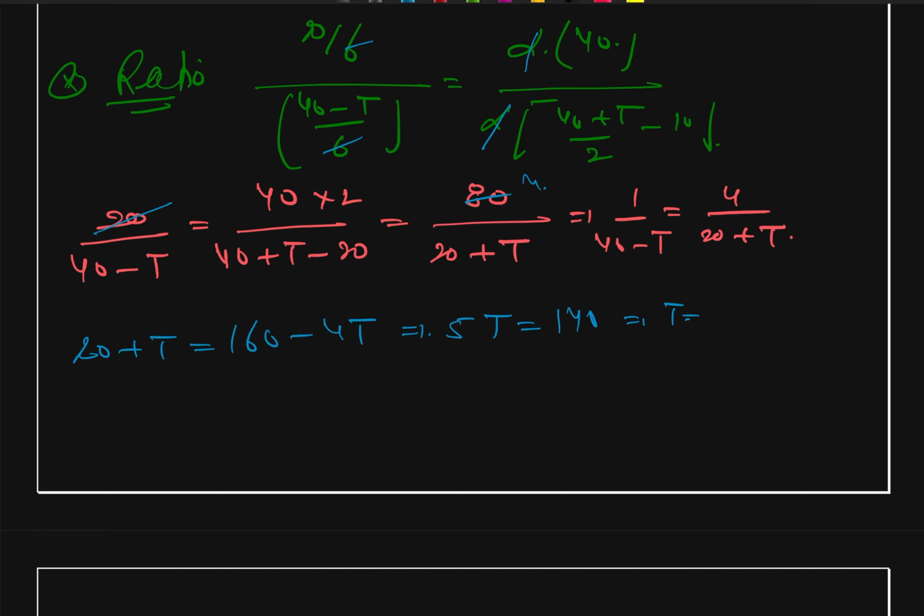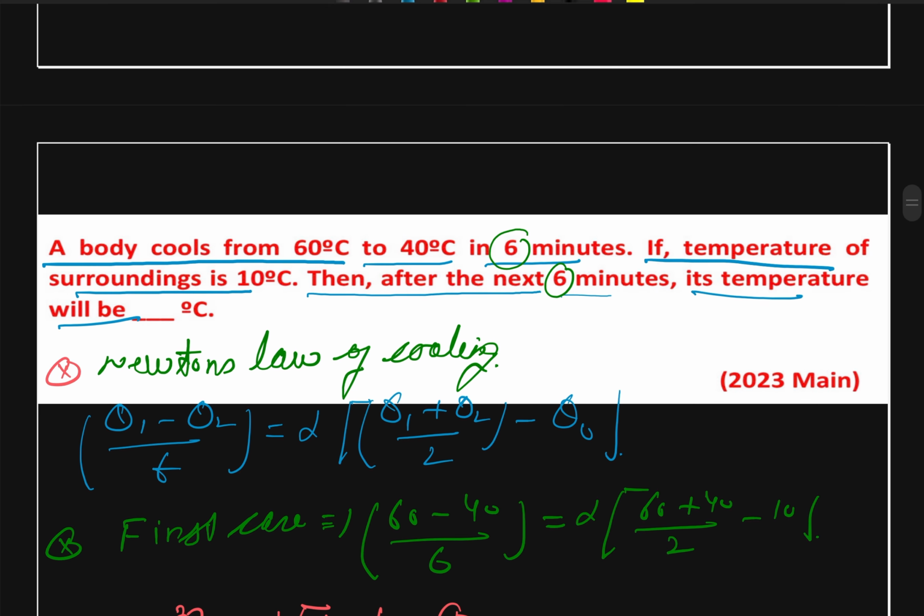So we get T is equal to 140 divided by 5. So we get T is equal to 28 degree centigrade.